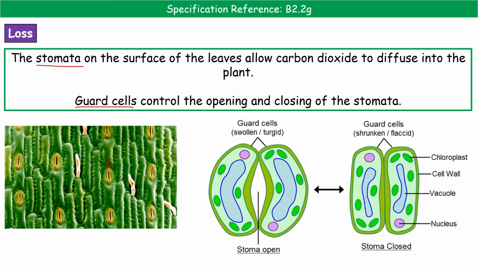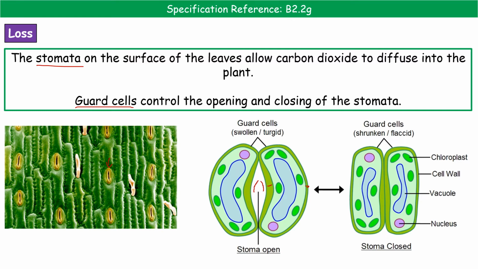So do note this inner wall here. What we can see is that the inside wall of our guard cells, the ones closest to the stomata, is much thicker than the outer wall. The reason for that is that when there is plenty of water, water moves into our guard cells, they become swollen or turgid, and it pushes out the outer wall.